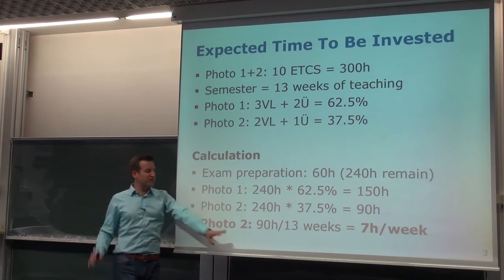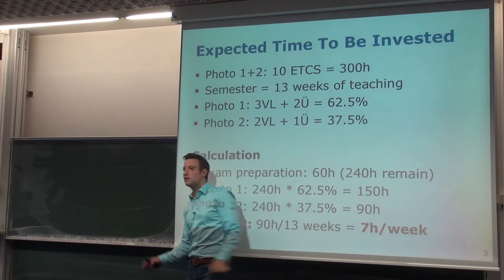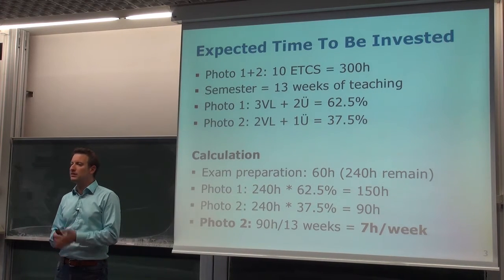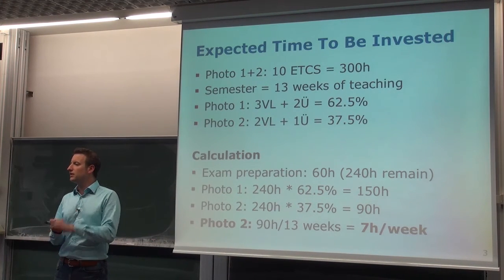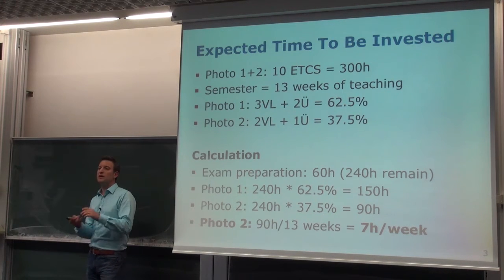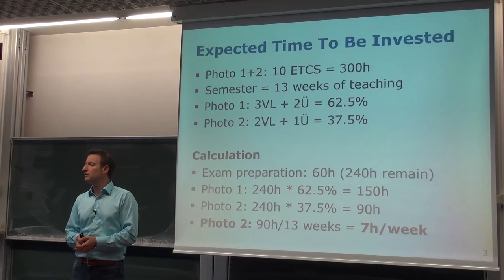You should end up with something like spending 7 hours per week on the Photogrammetry II course. This is roughly the expectation, substantially less than last term. The reason is there's only 1 hour of exercise and only 2 hours of lecture in this term, and this also reduces the overall time that you're supposed to spend on this course.